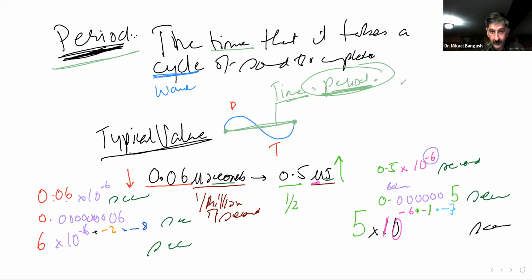Let us just say, as our typical value, that it had been 60 microseconds. And we say we want to express the typical value here with a single digit.